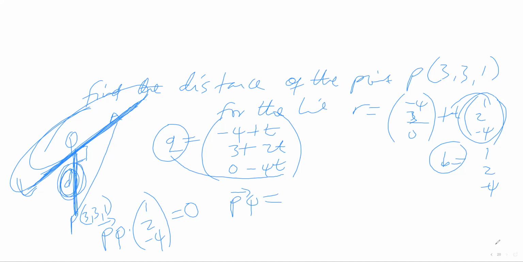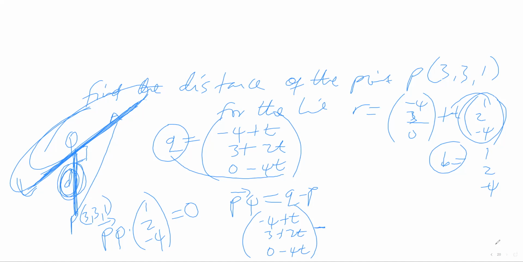PQ, we know how to get PQ. PQ is actually Q minus P, right? That's what PQ is. But what is Q? Q is actually a position vector, we said, which is negative 4 plus T, then 3 plus 2T, then 0 minus 4T. And we're subtracting what?